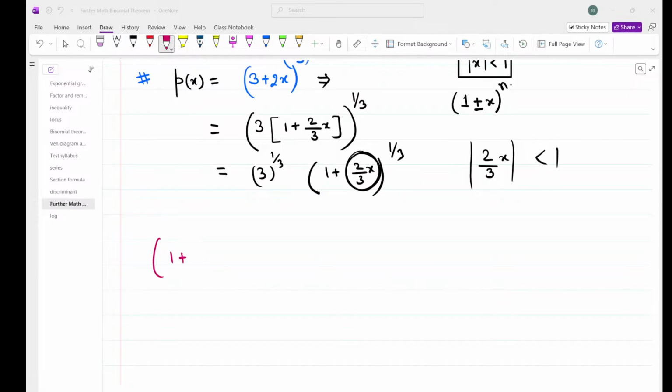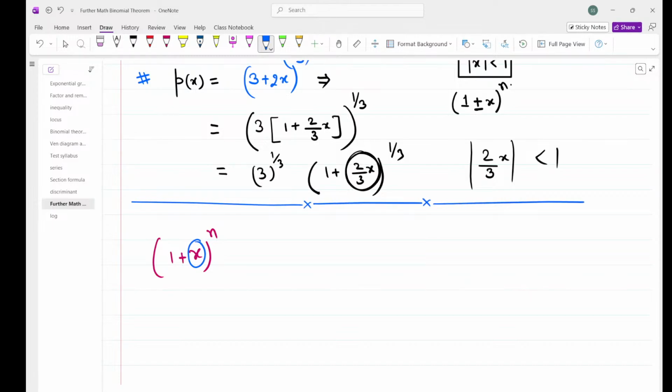Okay. So now, first of all, you tell me, for 1 plus x raised to power n, why do you want this x to be less than 1? Because it has to do with convergence. Yeah.